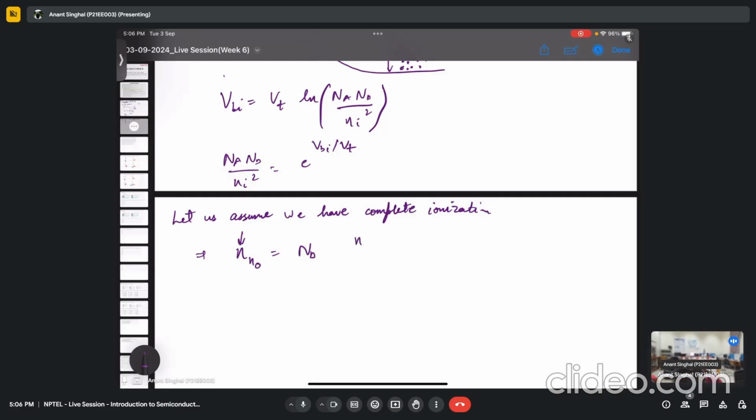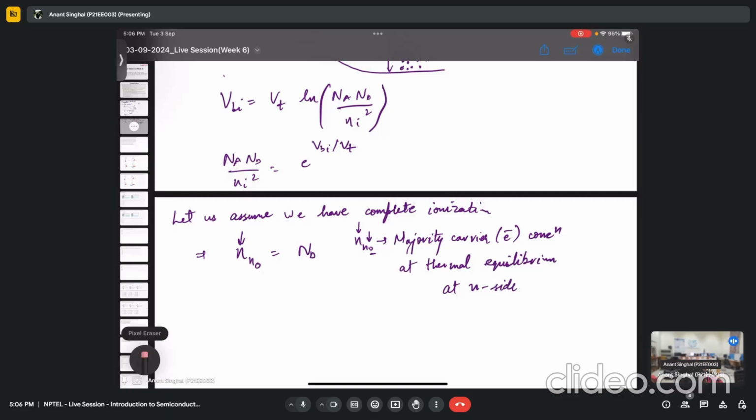So what I'm trying to denote here is that n naught is the majority carrier concentration, because at the n side n naught will be the majority carriers, the electron concentration at thermal equilibrium. This naught is denoted for the equilibrium part, at the n side.